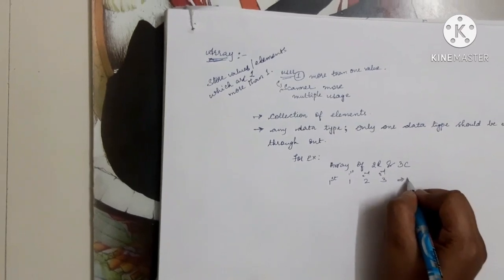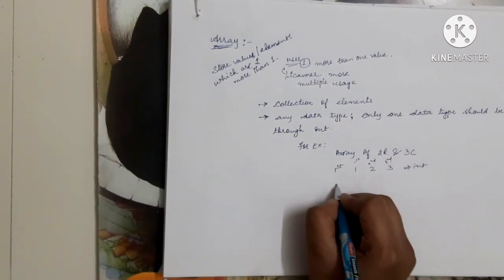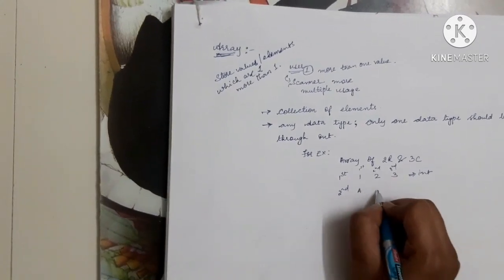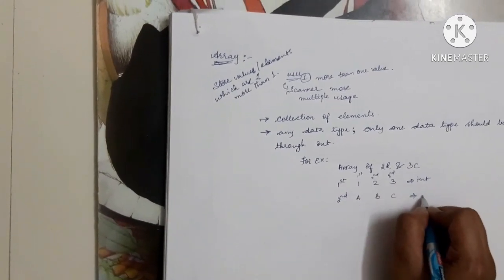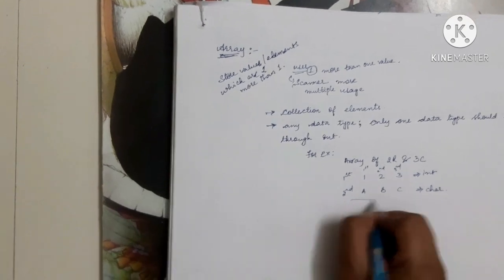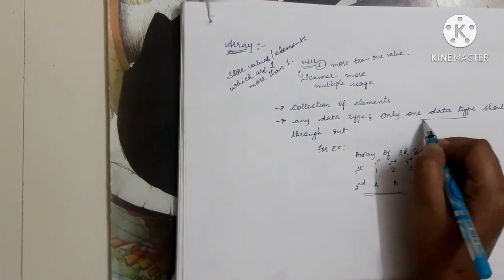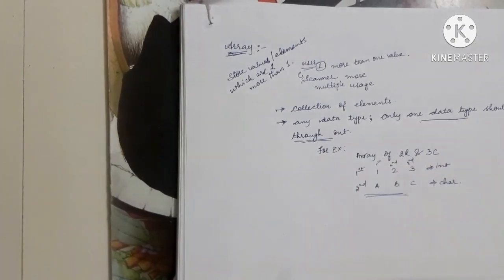So in this, my data type is int. But now in the second row, I want to take my data type as char, like A, B, C. So this should not happen. Throughout the array, the data type should be only one type.